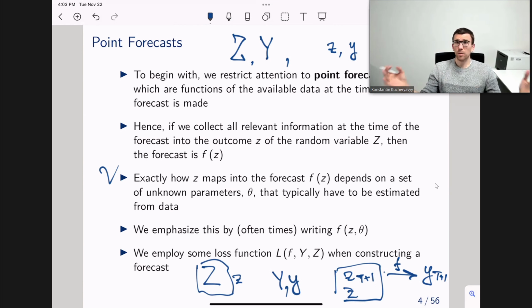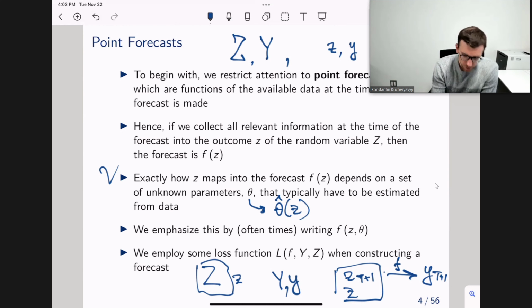And since everything we have is the data Z, then ultimately the estimate of these parameters is also a function of Z, so of the whole data set. So ultimately, everything is a function of the data. But nevertheless, sometimes we will be just writing F(Z), which emphasizes the fact that ultimately everything is a function of the data.